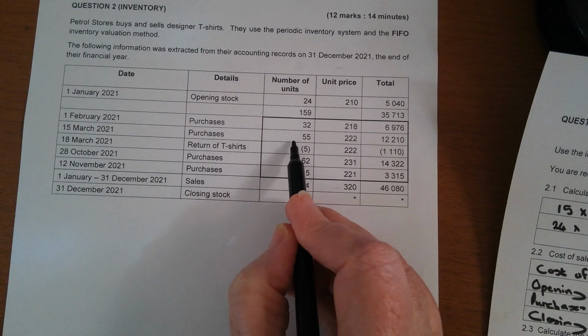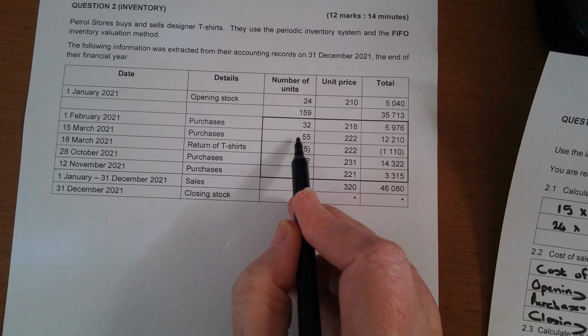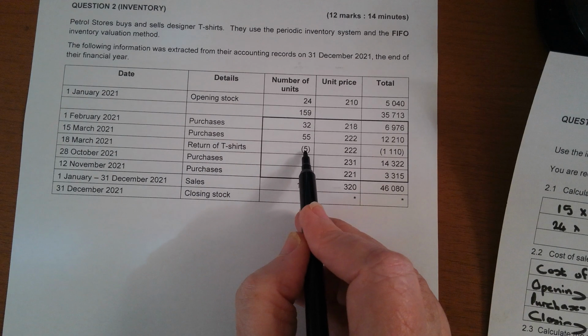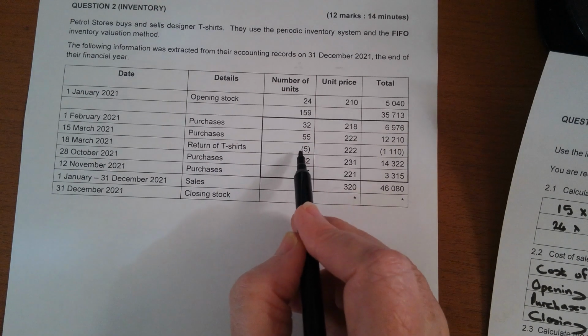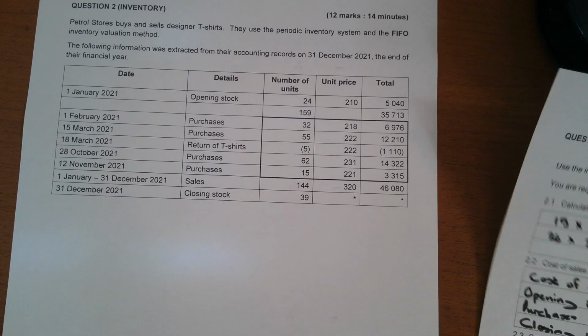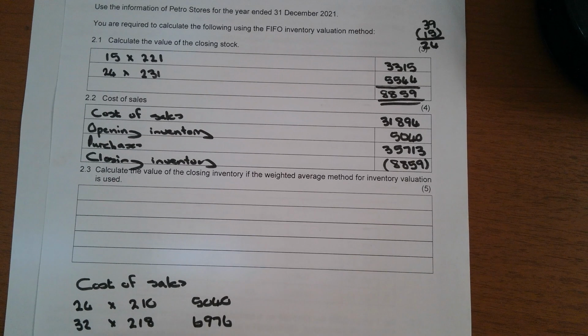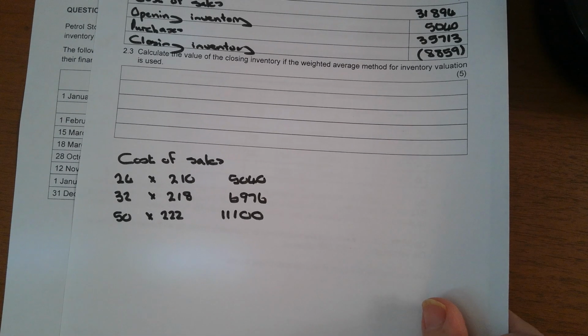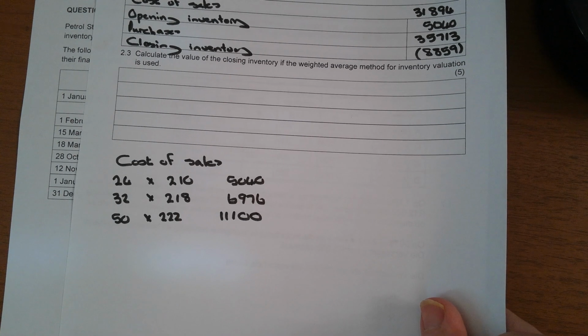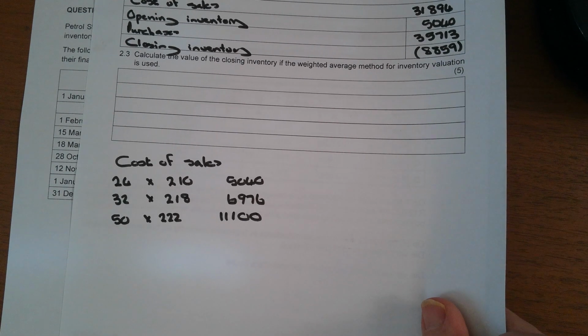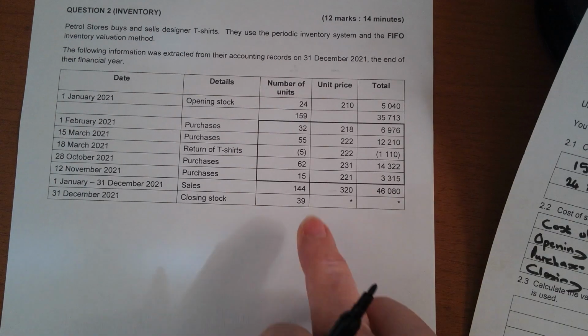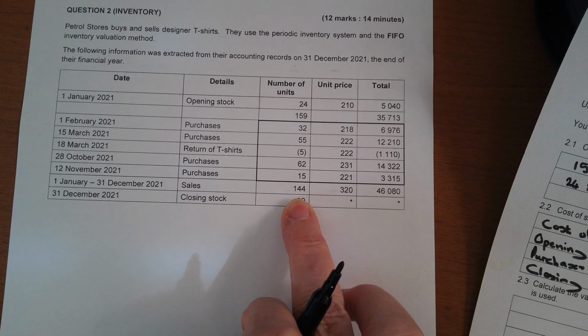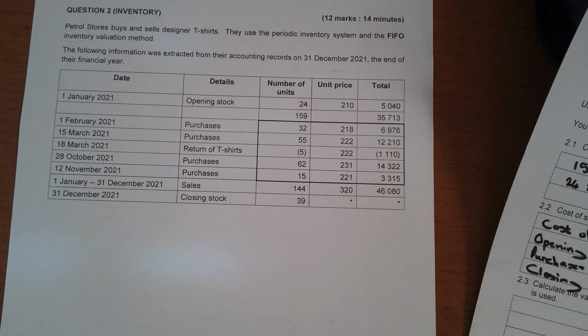After that, I'm going to sell the next purchases from March. But remember, I returned 5, so I can only sell 50 out of those units that cost 222. So 50 units times 222 gives me 11,100. Okay, now I must determine how many units I will sell out of the next purchases. Our total number of units that we sold was 144.